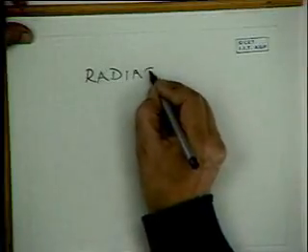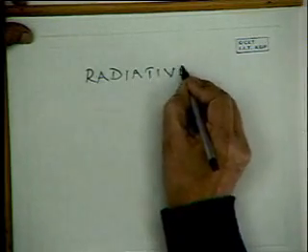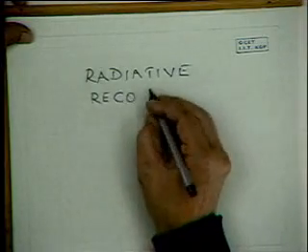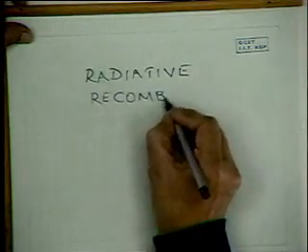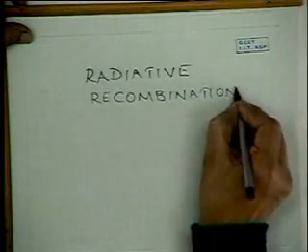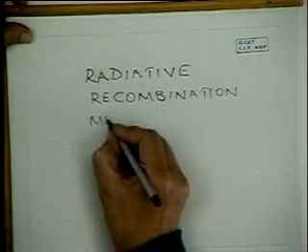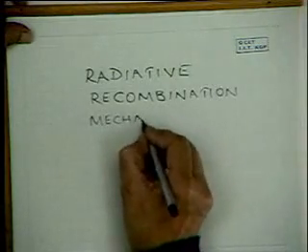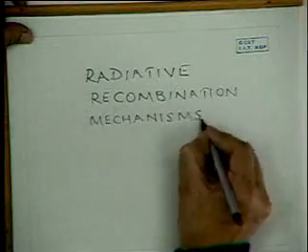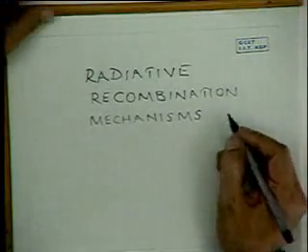So at the beginning I'll talk about different radiative recombination mechanisms. These, as we will see, are the reverse of the mechanisms observed during optical absorption.